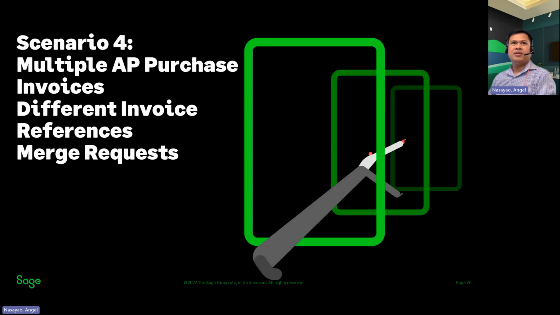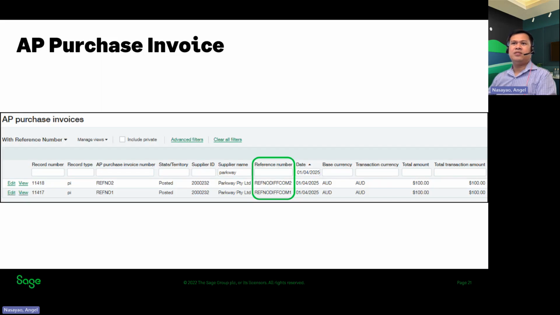All right. Now, if we look at this scenario wherein we have multiple AP purchase invoices, but different invoice references, merge requests, right? So what will happen then? So what we're saying is that for this supplier, we have at least two AP purchase invoices that we are about to pay. And that's why you can see here, they have different reference numbers.